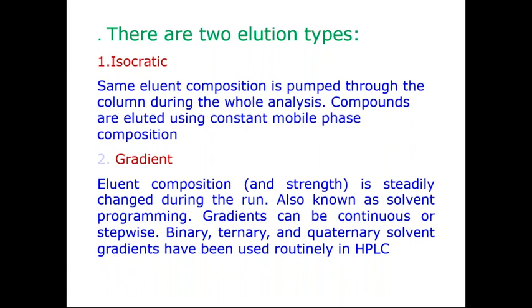And the gradients we use can be continuous or stepwise. You can use a binary gradient with two solvents, or a ternary gradient with three solvents, or a quaternary gradient with four solvents. The currently available instruments can support binary, ternary, and quaternary solvent gradients.